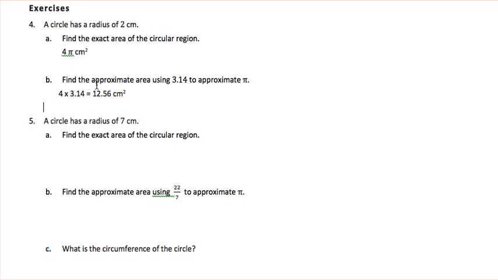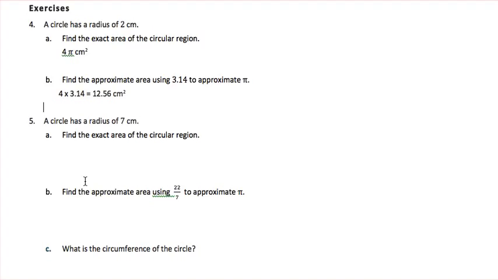And make sure we have that clear. If they're looking for the exact area, you will have to give the area in terms of pi. This is what it means when we say in terms of pi. But if we're going to approximate, normally the problem will tell us what to use to approximate pi. If it does not, and you're going to find the approximate area, then typically we do use 3.14 more frequently.